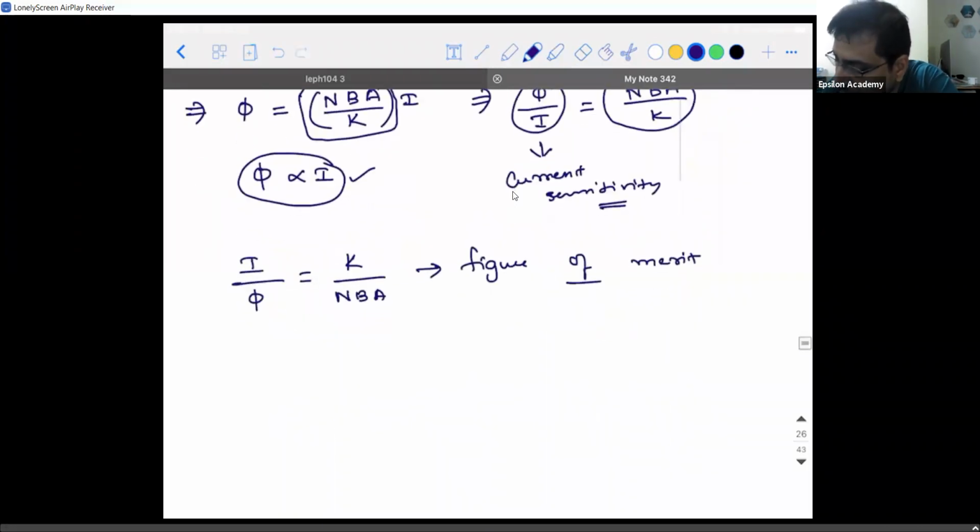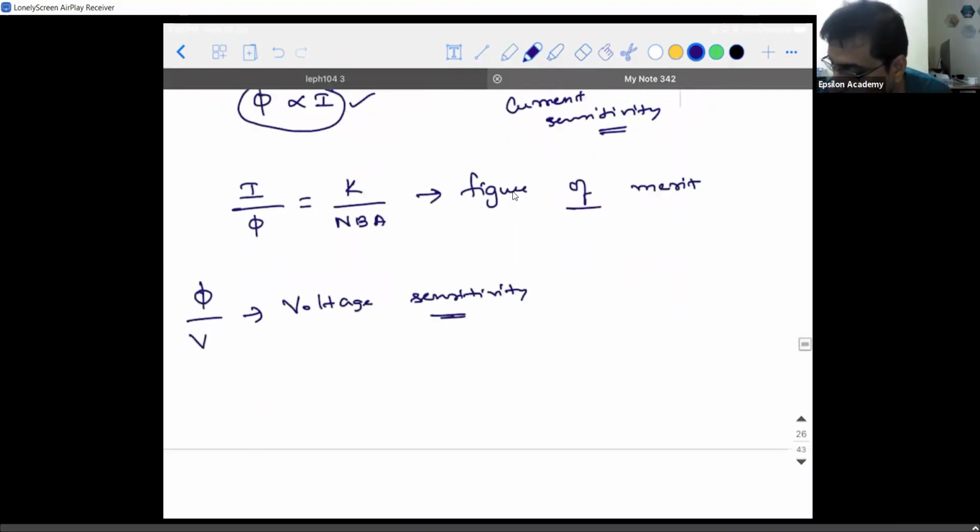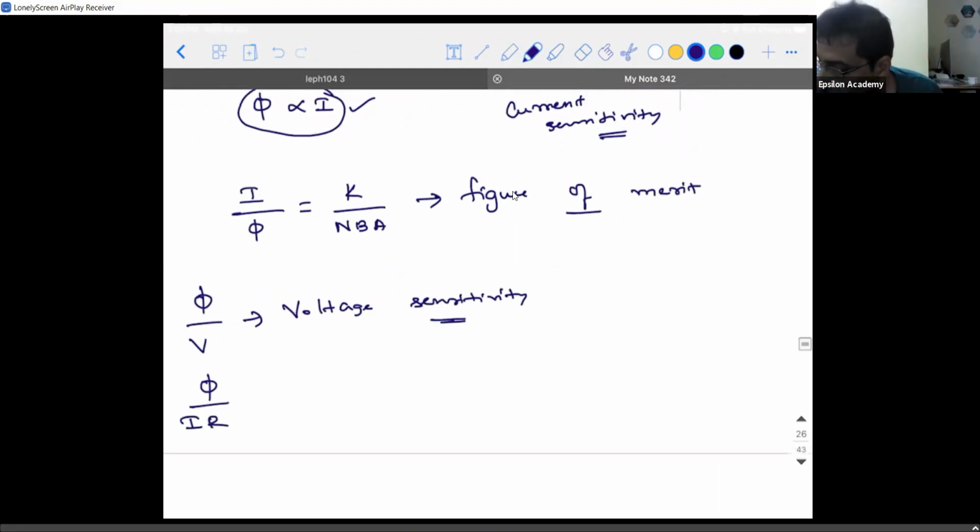Right? Then there is another parameter also, phi divided by V, which is called voltage sensitivity. So what do we mean by voltage sensitivity, guys? The amount of deflection that is produced for unit potential difference. So phi divided by, in the place of V, can I write it as I into R, which we call voltage sensitivity.